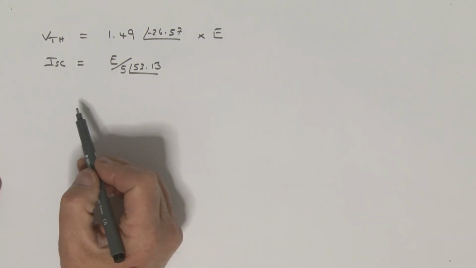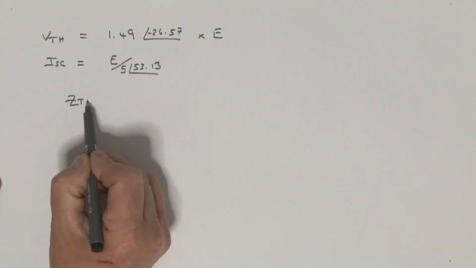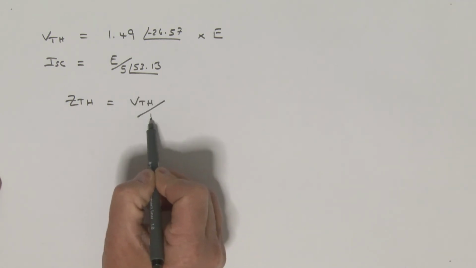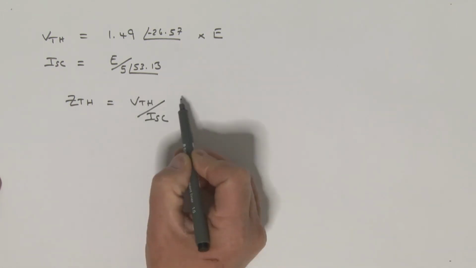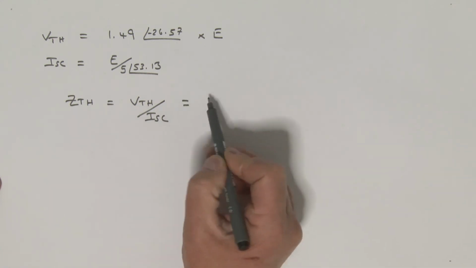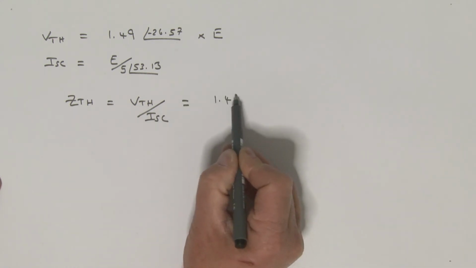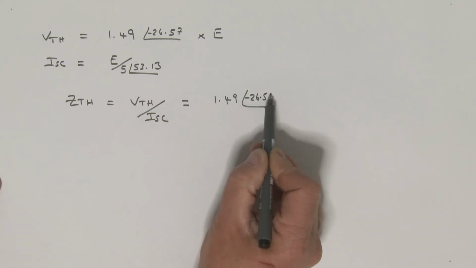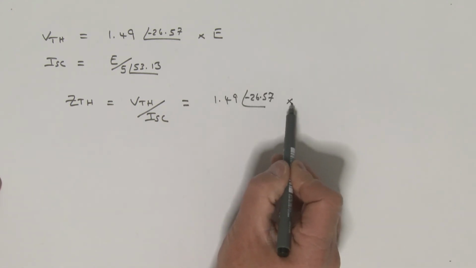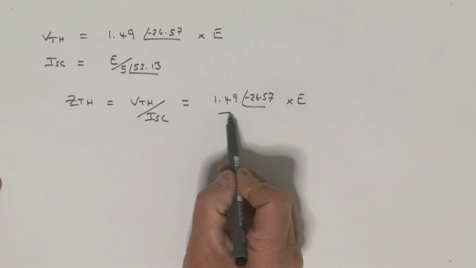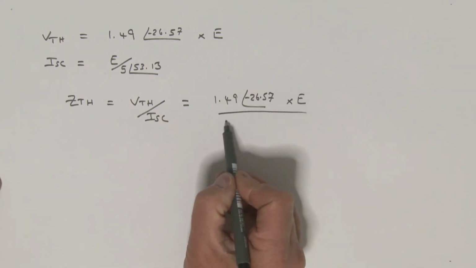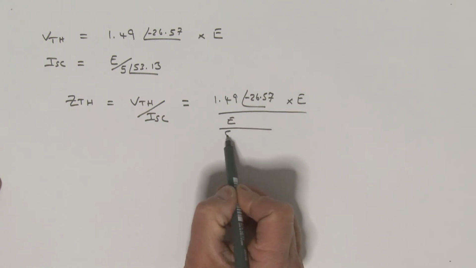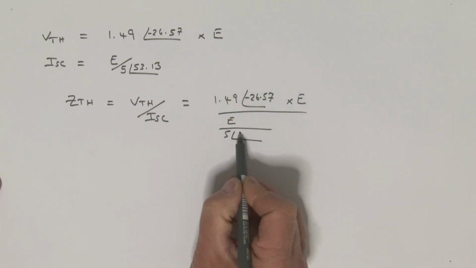The final step is that the Thevenin impedance is the Thevenin voltage divided by the short circuit current. Let's put that information in. We have 1.49 angle minus 26.57, multiplied by E, divided by my short circuit current, which is E divided by 5 at an angle of 53.13.